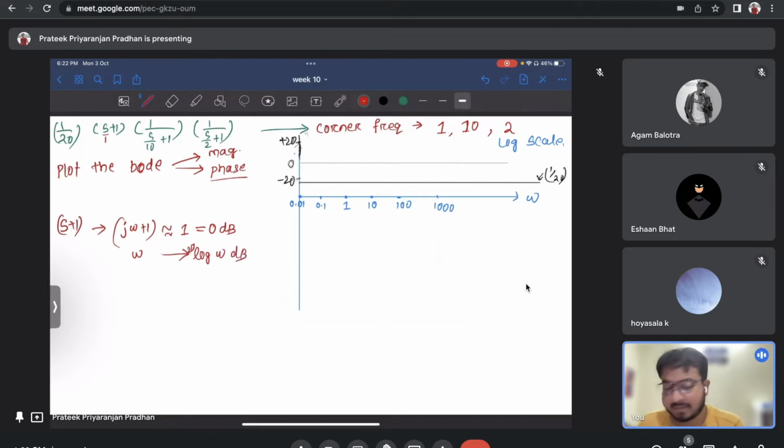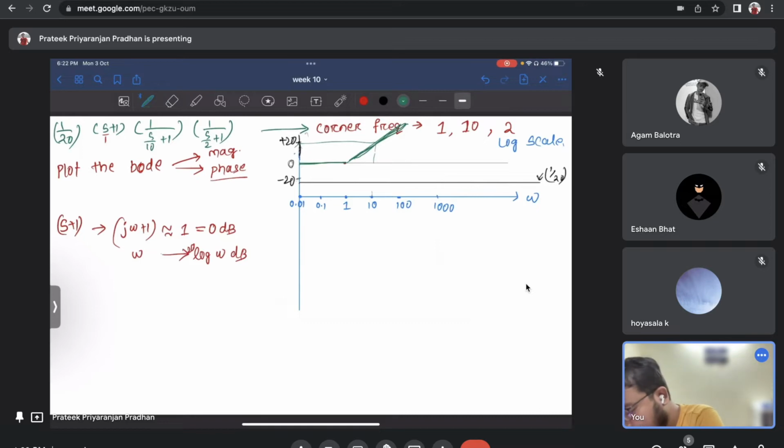That's why before 1, this will be 0, and after 1 it will go with 20 dB per decade.